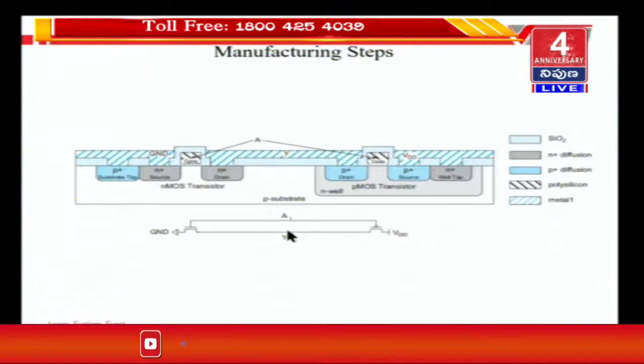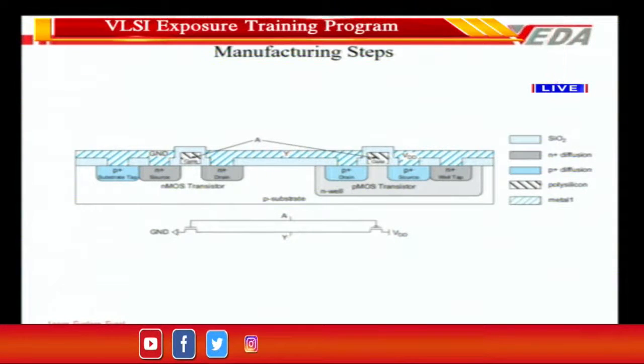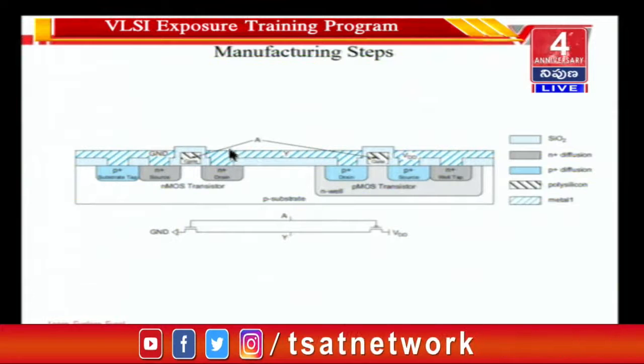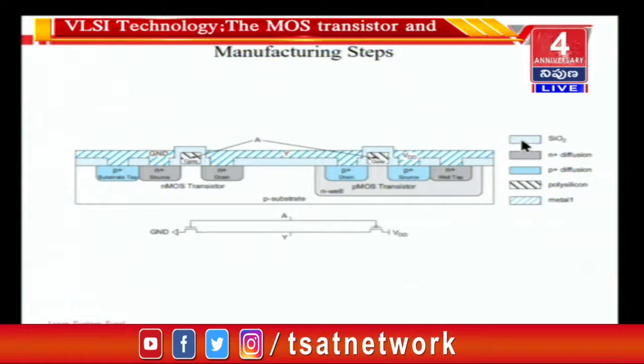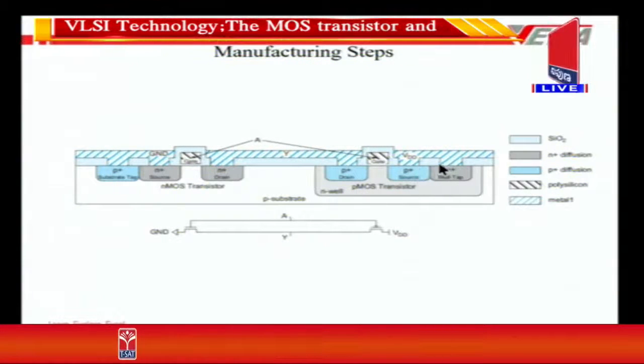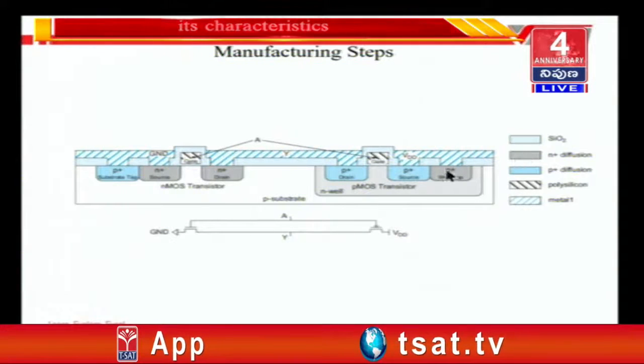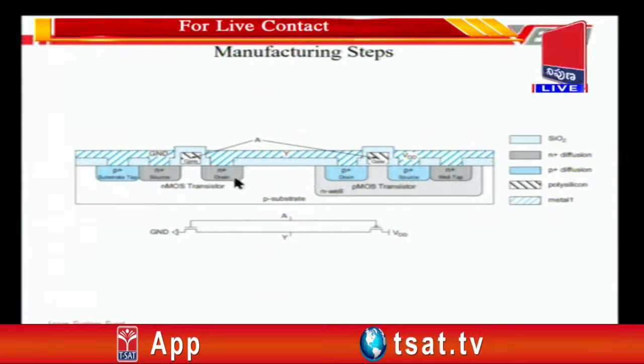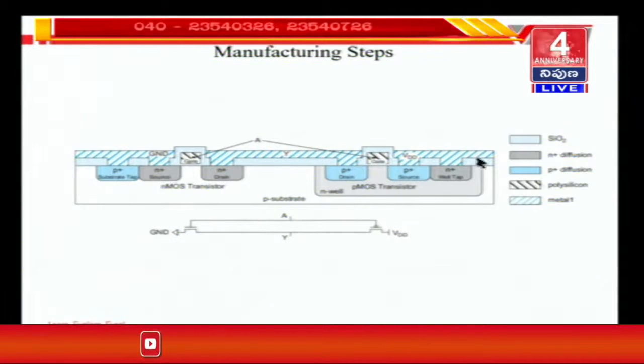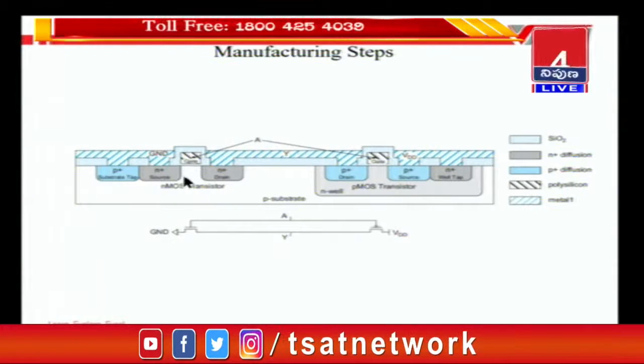Now just to end this session, you see that this first one, the light blue one over here, all this over here is silicon dioxide. This gray thing is N plus diffusion. This and this is N plus diffusion. This dark blue is P plus diffusion.